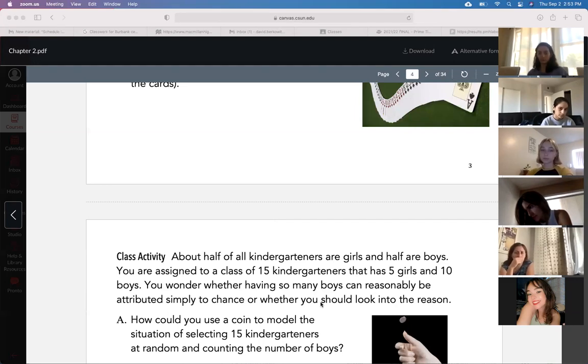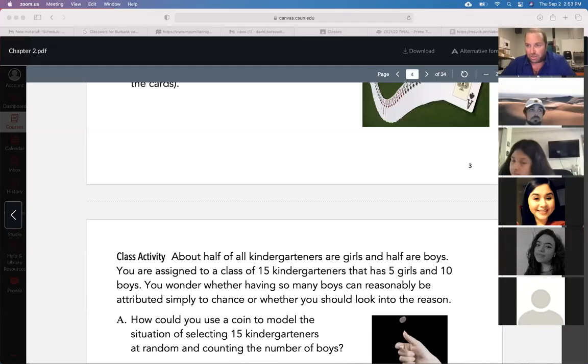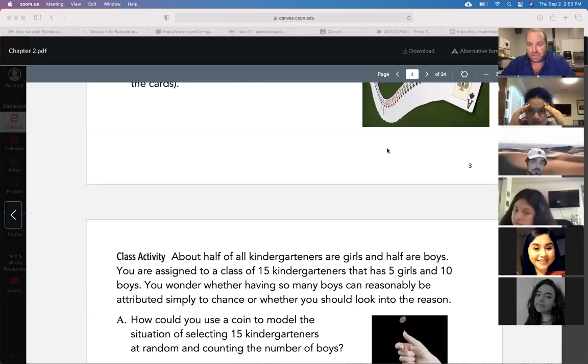Yes. Is it likely for that to happen when the coin is fair? No. In fact, it's pretty rare. It's 1 in 1,000. Technically 1 in 1,024, but let's say 1 in 1,000.